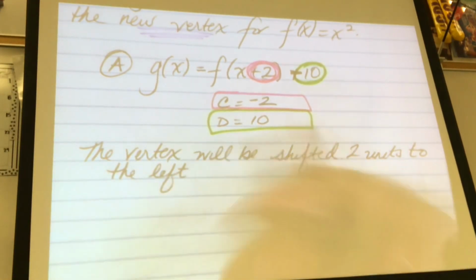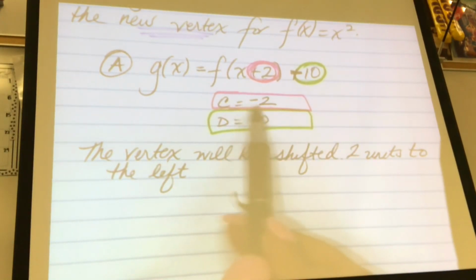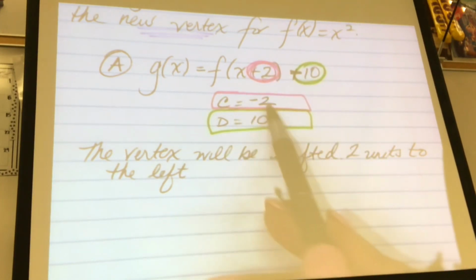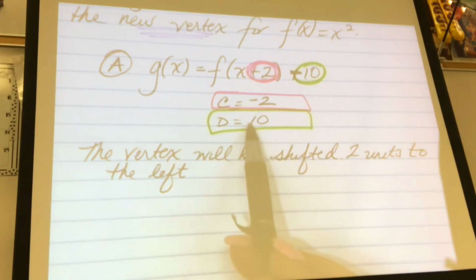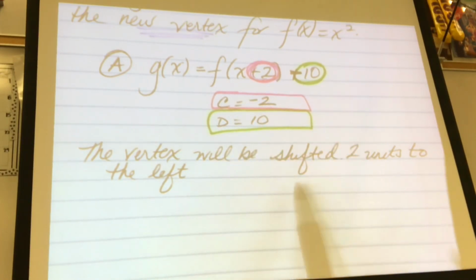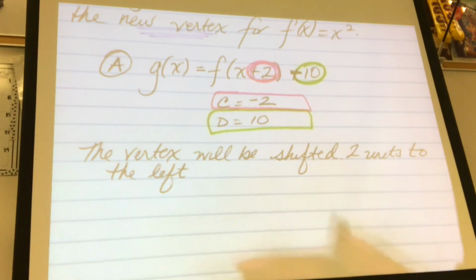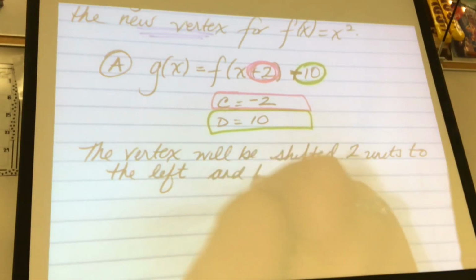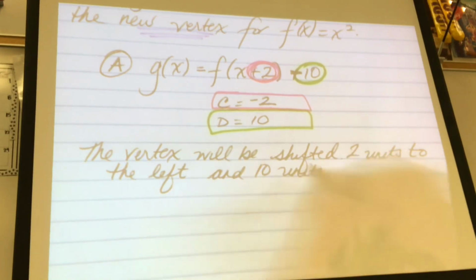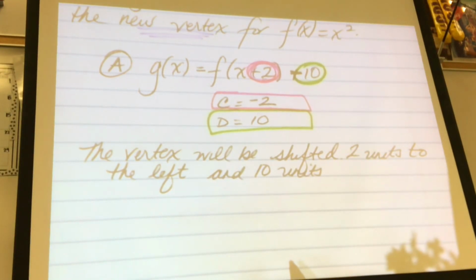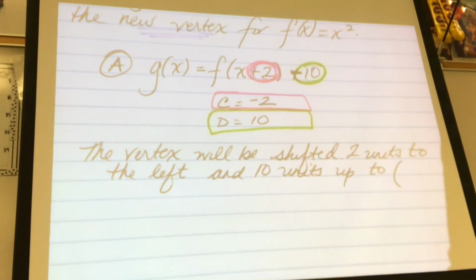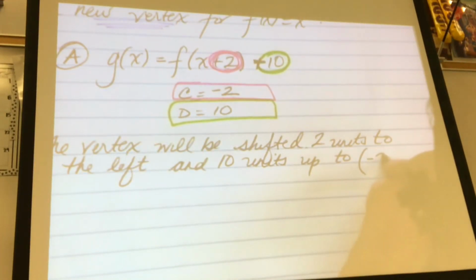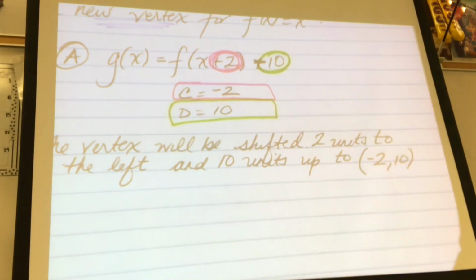And if you're ever confused, didn't we already say C is negative 2? So if you extract it from the equation, this tells you the direction you want to follow. 2 units to the left and 10 units in which direction? Up. And then what is the new vertex? Negative 2, 10.